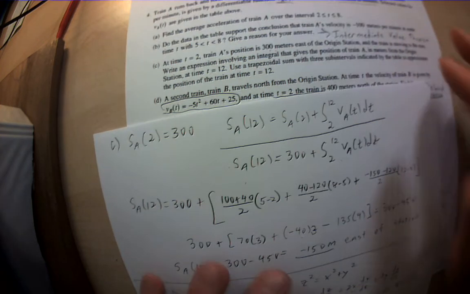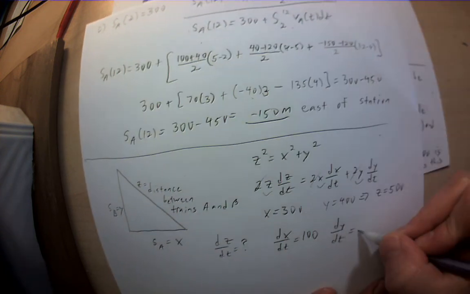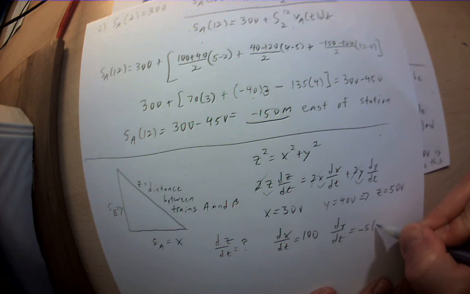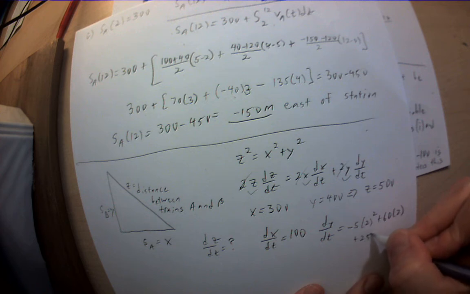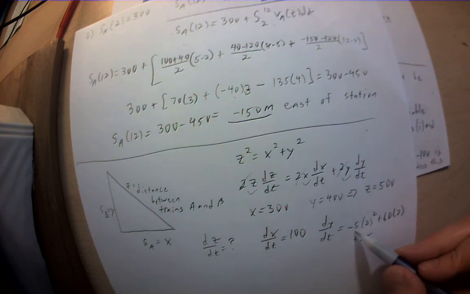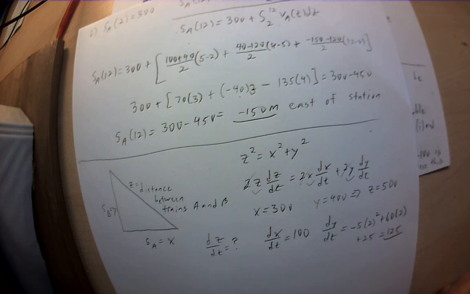Okay, dy/dt. Well, guys, they gave me an equation for the velocity. I'm going to have to plug 2 into that equation. So it's negative 5 times 2 squared plus 60 times 2 plus 25. That's negative 20 plus 120, that's 100, and then plus 25 equals 125. So I know dx/dt, dy/dt, x, y, and z.